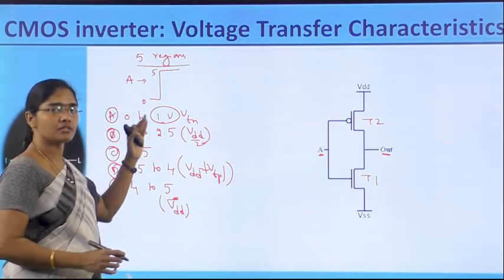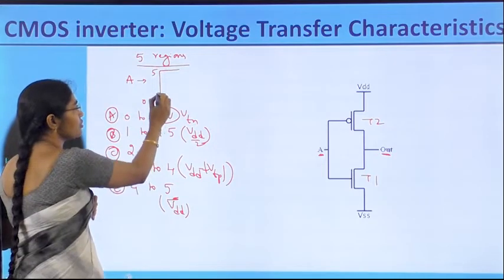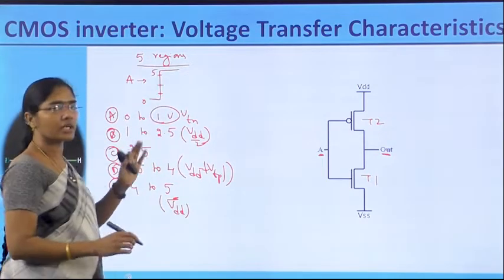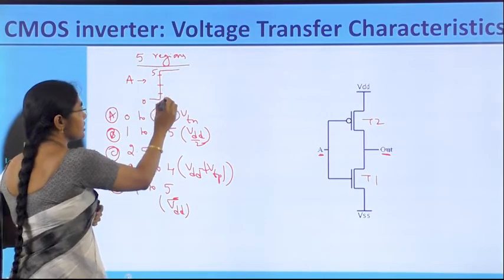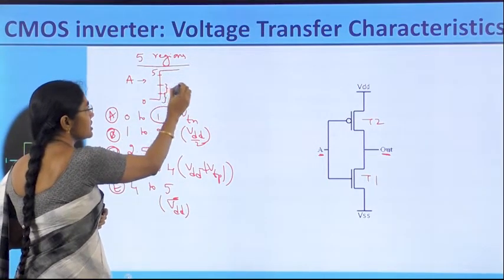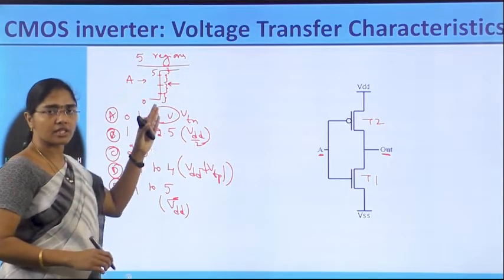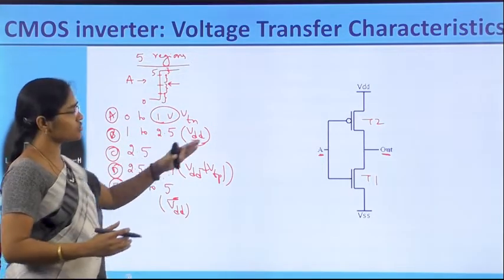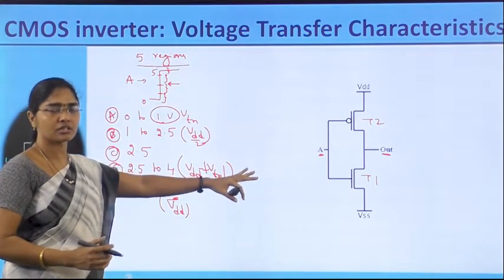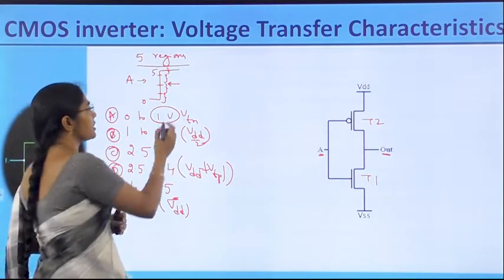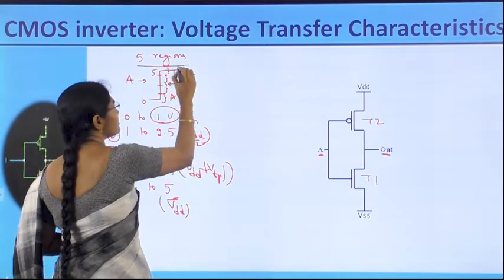Like this, we take the 5 different regions: 0 to 1, at 2.5, up to 4, and then 4 to 5. So region A, region B, region C, at this point region D, and region E. We take these 5 different regions to help understand this inverter and draw the transfer characteristics.